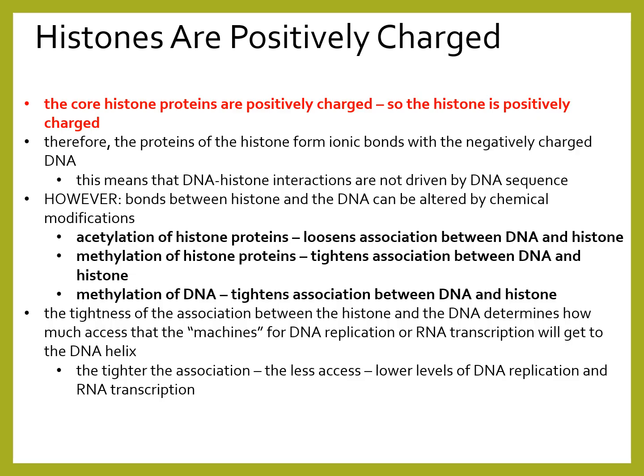So in order for DNA replication and RNA transcription to happen, we have to loosen the association between DNA and its histones. So we have to acetylate the histones before we can do things like replicate the DNA and transcribe it into RNA. The minute we're done with the replication and the transcription, we want to tighten that association up, so we remove the acetyl groups and we add in methyl groups. And methyl groups make that association just that much tighter.